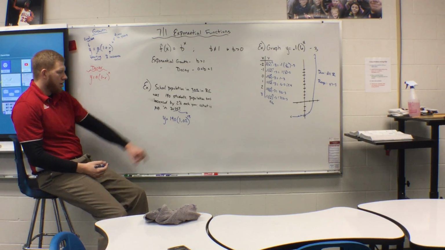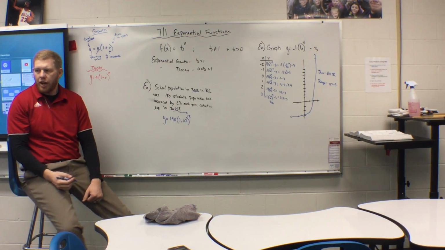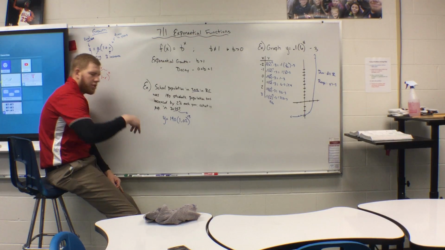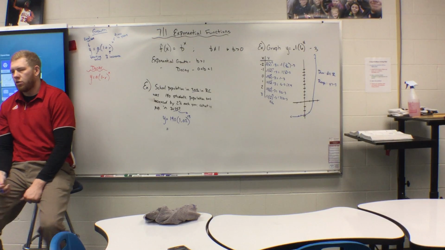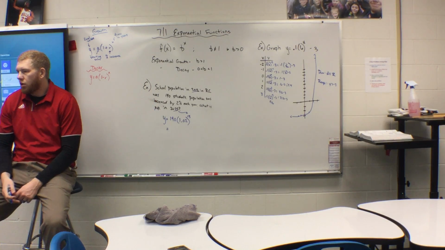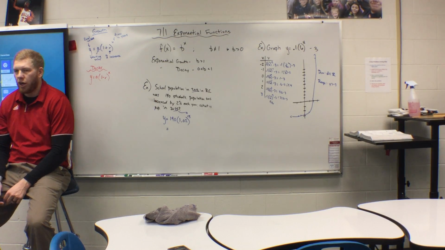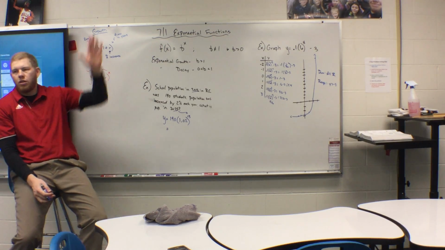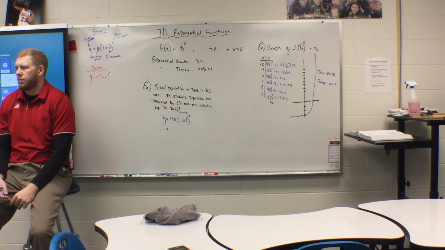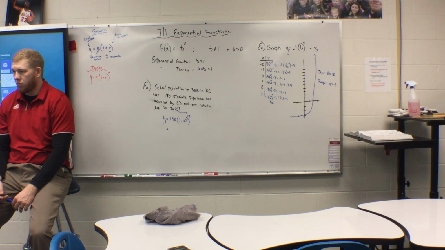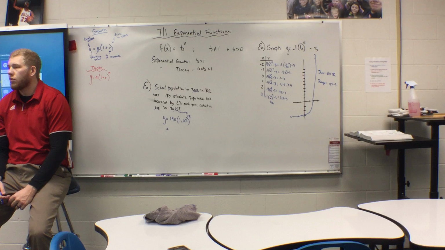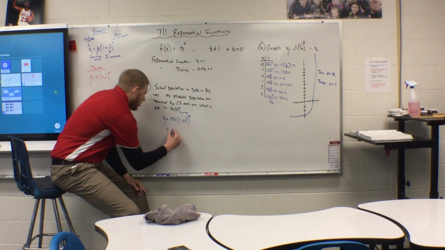So now we type in the calculator, 190 times 1.02 raised to the 13th power, and our projected population, and this is K through 12, will be what in 2025, assuming this trend continues? $245, okay?